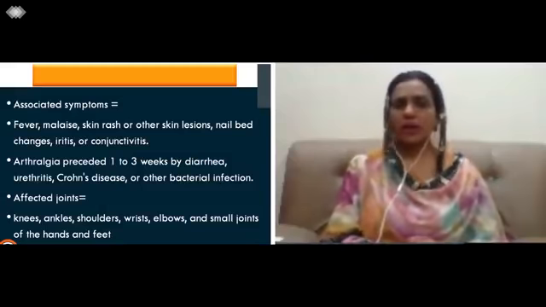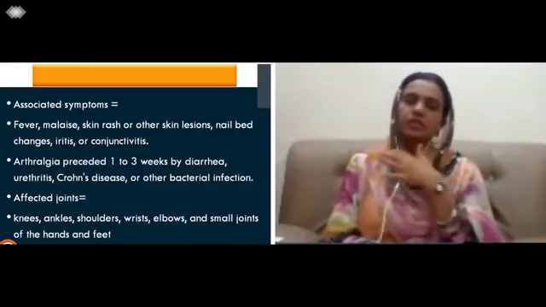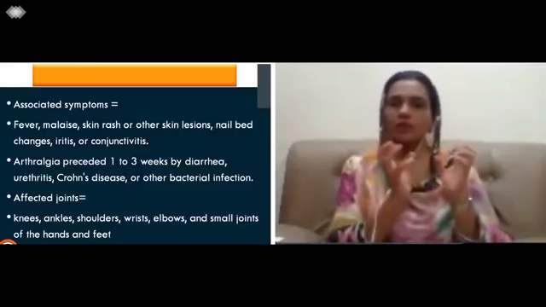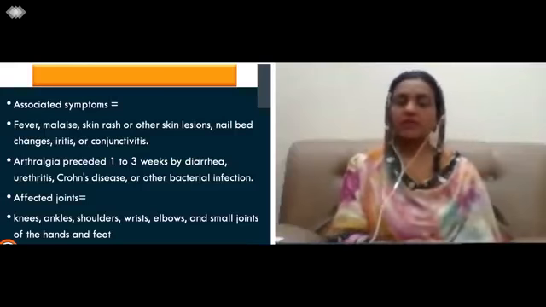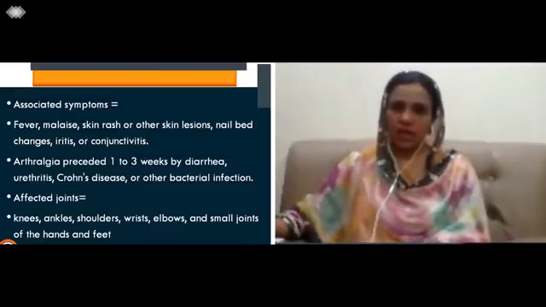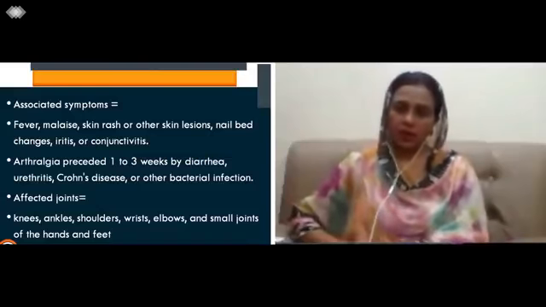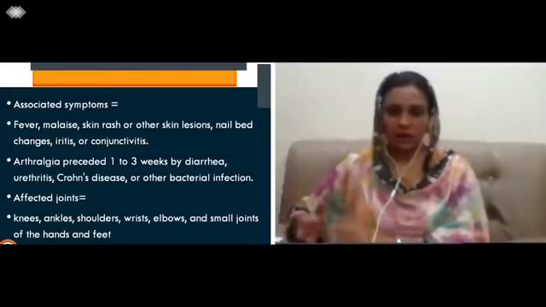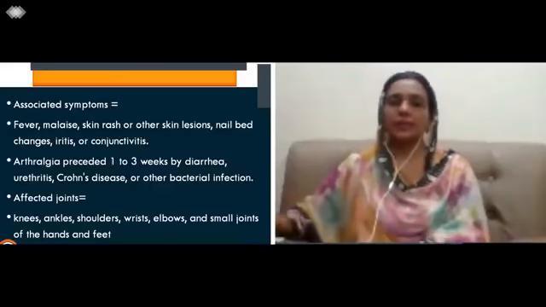The affected joints in reactive arthritis are knees, ankles, then shoulder, wrist, elbow, and then small joints of hands and feet, and that gives it a presentation. The involvement of these joints is in just the order in which they are written.